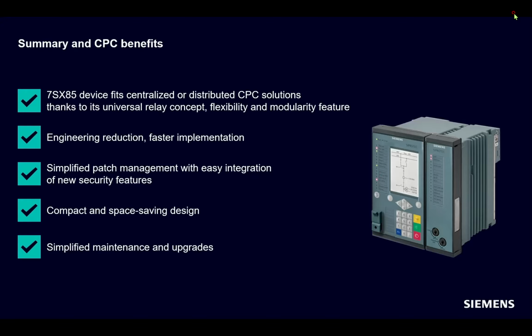Some clear CPC benefits seen in this webinar include engineering reduction, faster implementation, for example in the breaker-and-a-half application, simplified patch management with easy integration of new security features, compact and space-saving design, and simplified maintenance and upgrades.